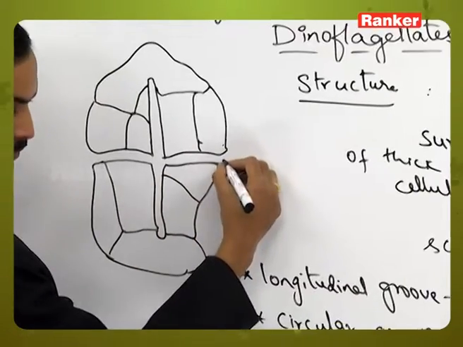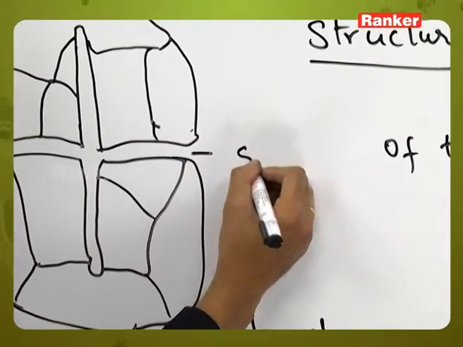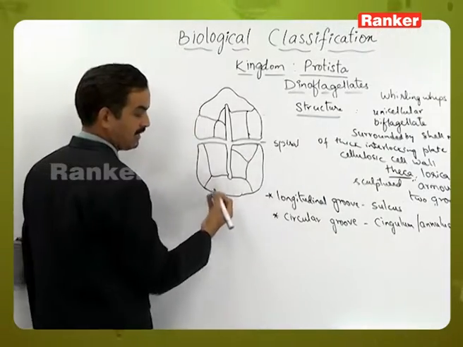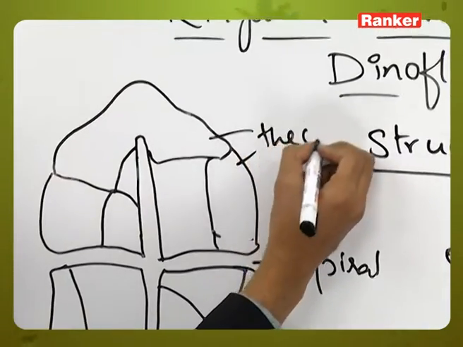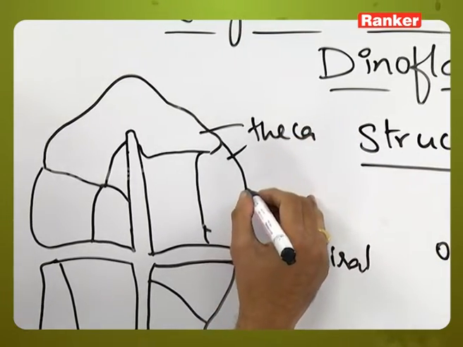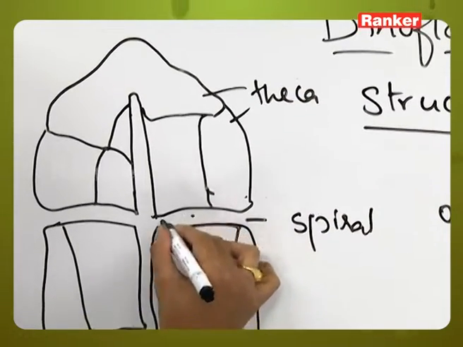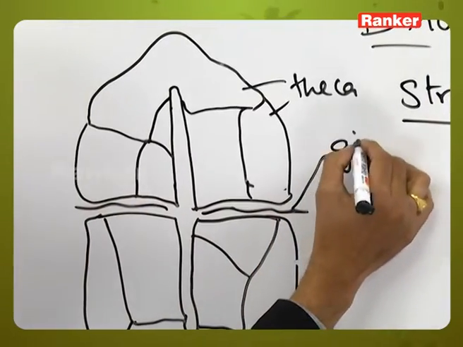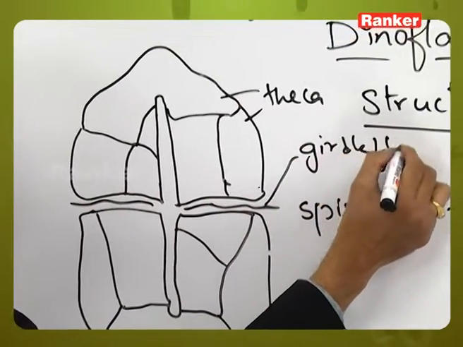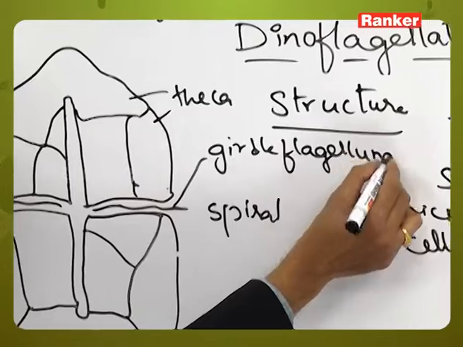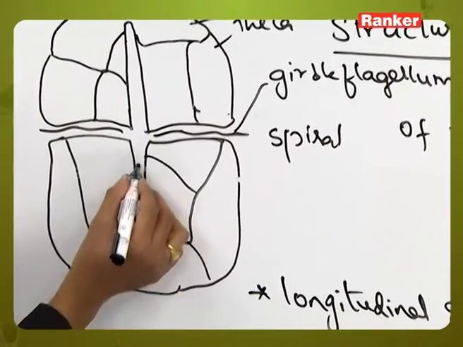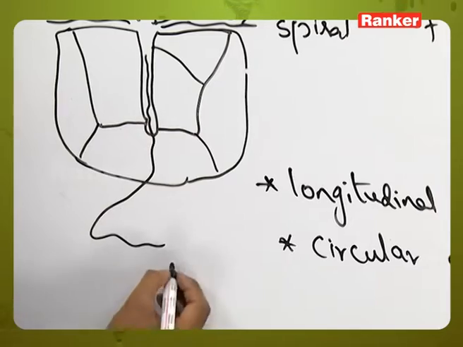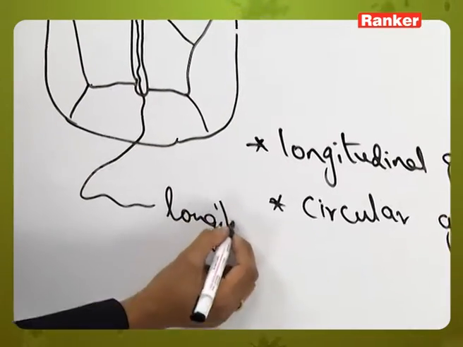This is the spiral girdle, and these are the theca. From here the flagellum will arise, and this flagellum is called the girdle flagellum. And from the longitudinal groove, one more flagellum arises, which is called the longitudinal flagellum.